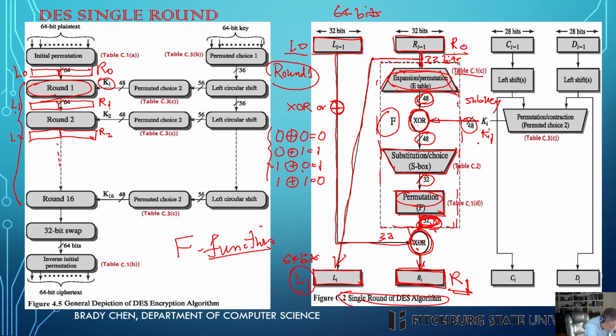We can continue that way. We're going to go through 16 rounds. Eventually we generate the 64-bit output after 16 rounds.